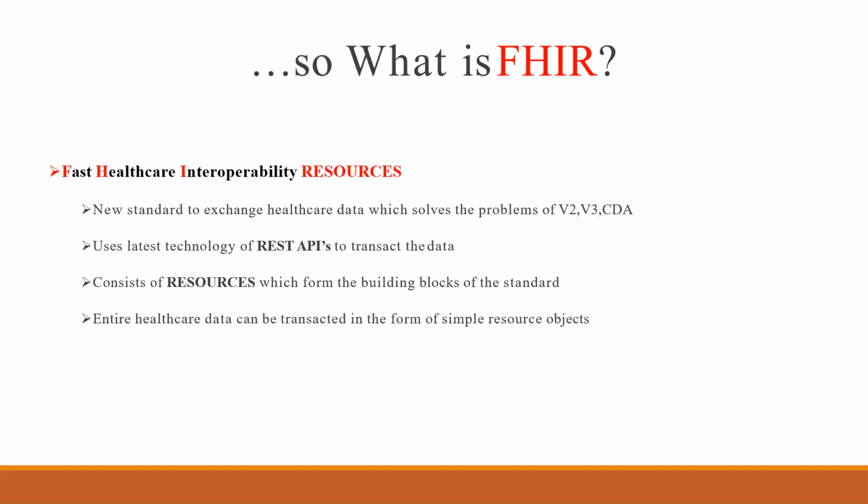Apparently, with HL7 V2, V3, and CDA, you don't have a computable implementation. What do I mean by that? Let's say you are developing an HL7 V2 interface. You have to develop your own profile, which is nothing but creating your own messaging structure from HL7.